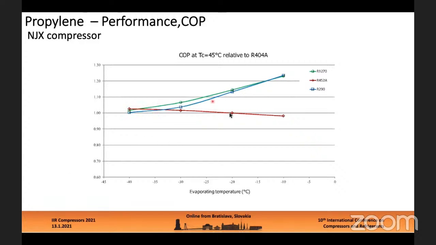So at higher evaporating temperature, we can see a huge benefit in efficiency compared to 404A. It's almost 20%. So the efficiency curves are very similar, propane and propylene.